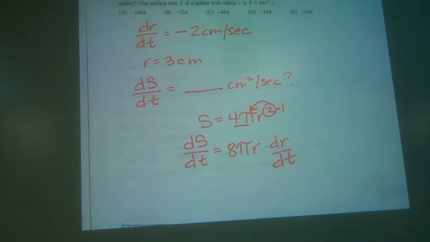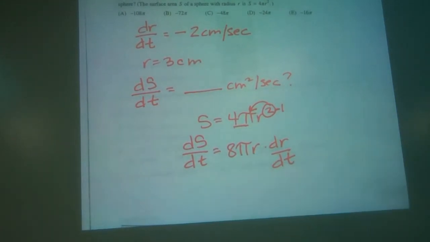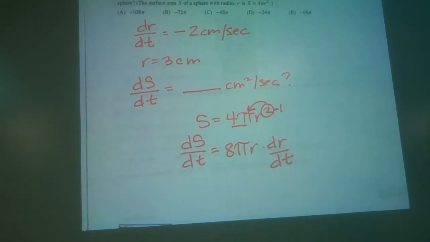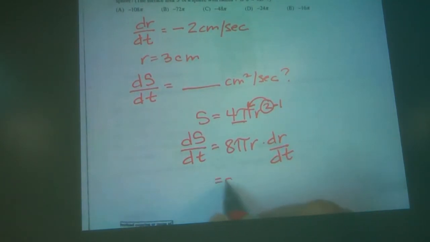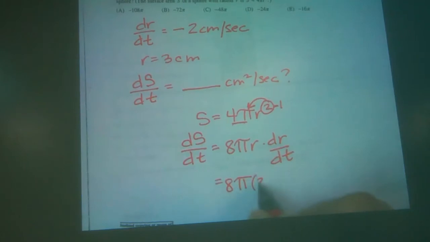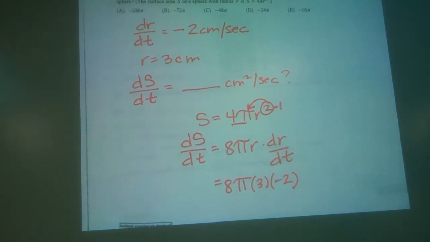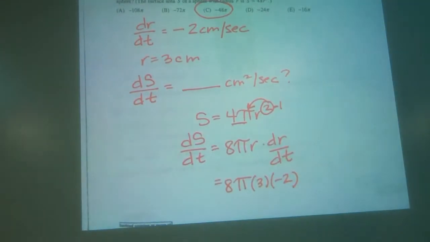Right? And then because we're differentiating with respect to time, and neither of our variables was time, we have to put the ds/dt and dr/dt. So then we can just plug into this. So 8 pi times 3 times negative 2. So negative 48 pi.